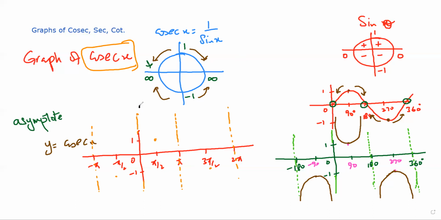Here it is coming from infinity, going towards 1 and then going back to infinity. Cosecant x is never going to be 0. From 1 this goes upwards, from minus 1 this goes downwards. That is how you sketch the graph for cosecant x.